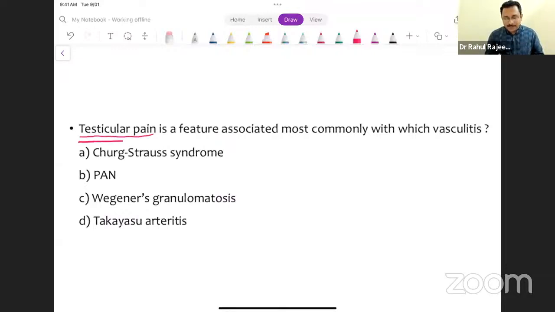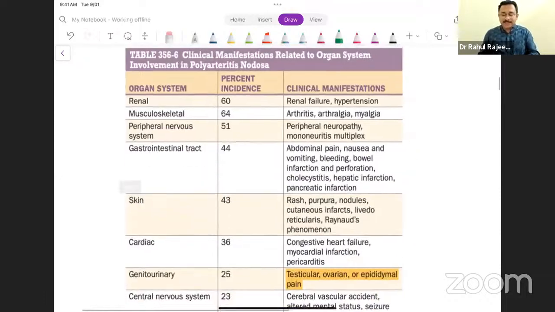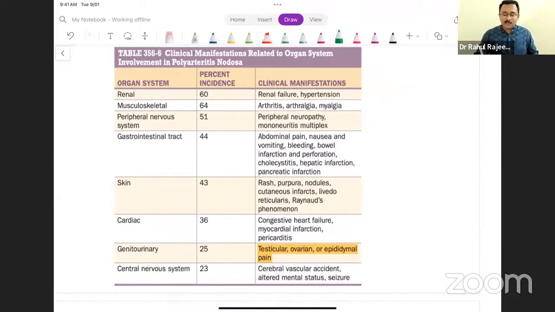Remember, testicular pain is a unique feature in a vasculitic syndrome, that is polyarteritis nodosa, which is a medium vessel vasculitis. It is a unique feature which is not commonly seen with any other vasculitic syndromes. You can see this table from Harrison's textbook as well, which shows the different manifestations of polyarteritis nodosa.